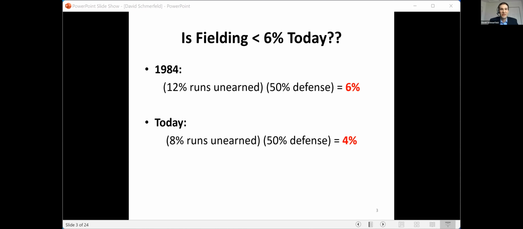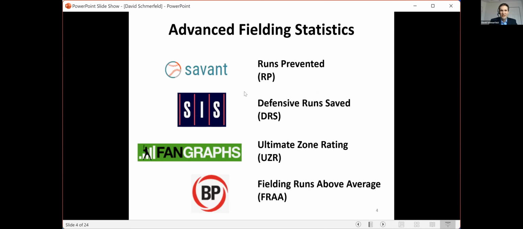Well, that depends on measuring fielding by errors. And this is a SABR analytics seminar, so we know that errors is not the best way to measure fielding. There are better ways to measure fielding more analytically. Here are 4 of the most common statistics. We have outs above average, which is converted to runs prevented by Baseball Savant and Statcast.